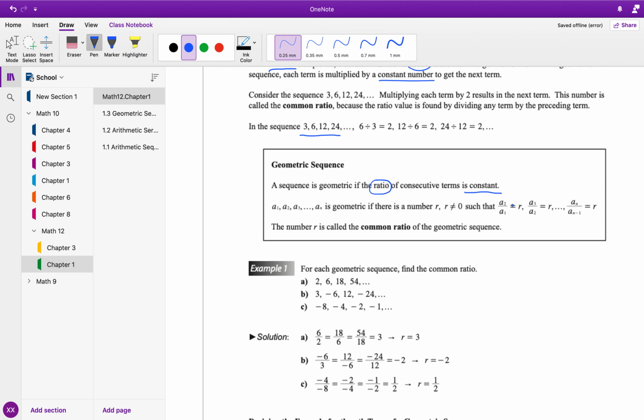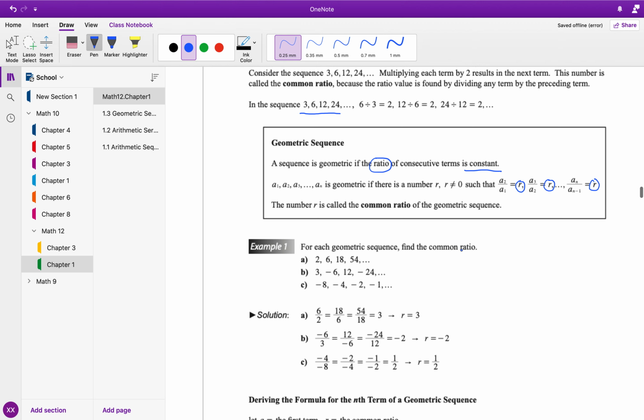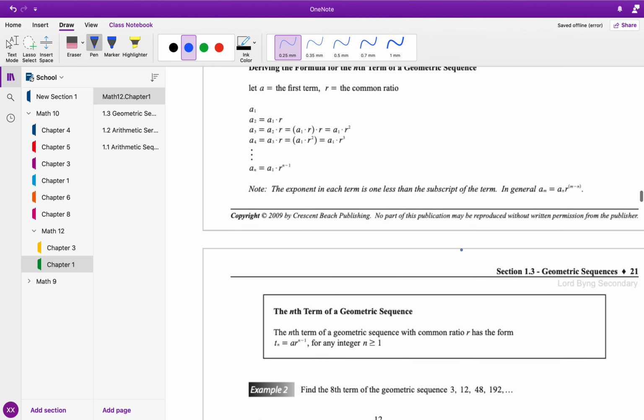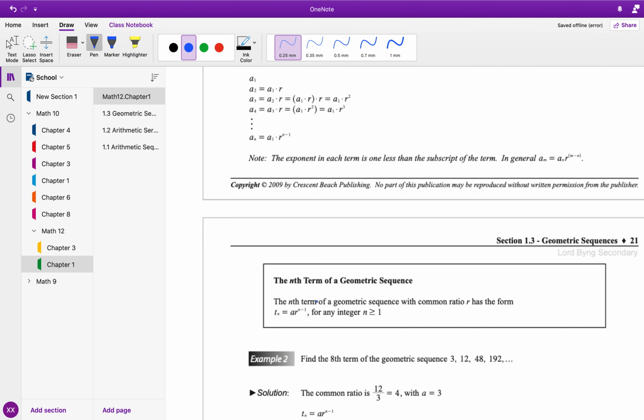So A2 divided by A1, if that's R, we use R as the ratio. Then A3 divided by A2 has to be the same R. An divided by An minus 1 is still R. Now I prefer to use An.